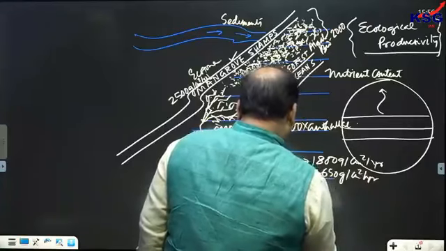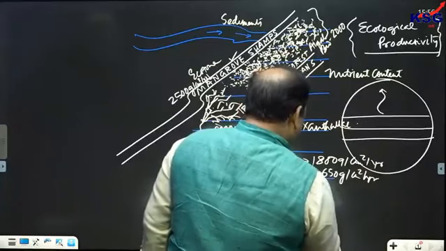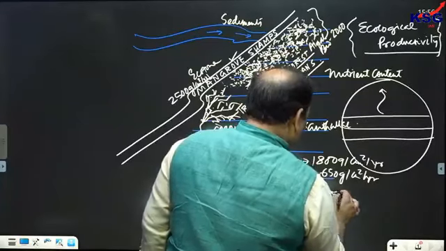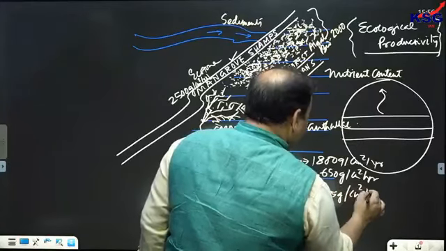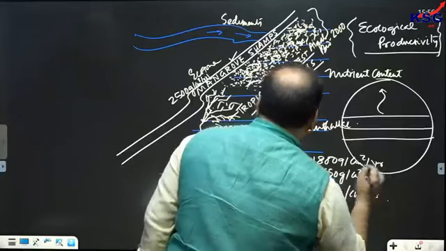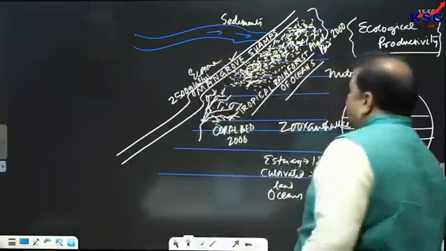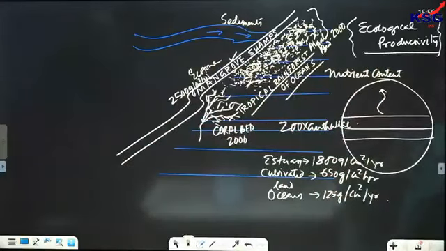Open oceans have a low ecological productivity of 125 gram per centimeter square. It is in the coastal area that the productivity of oceans is high. Clear?